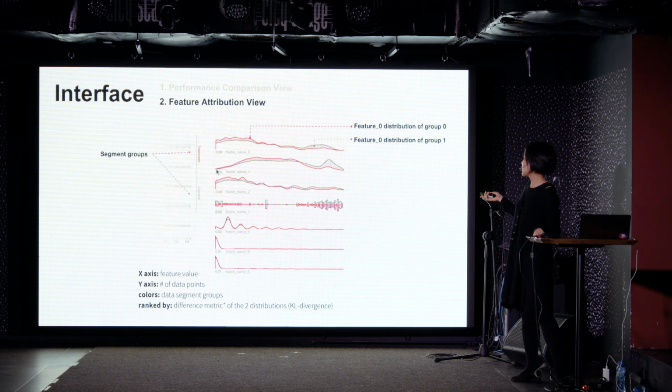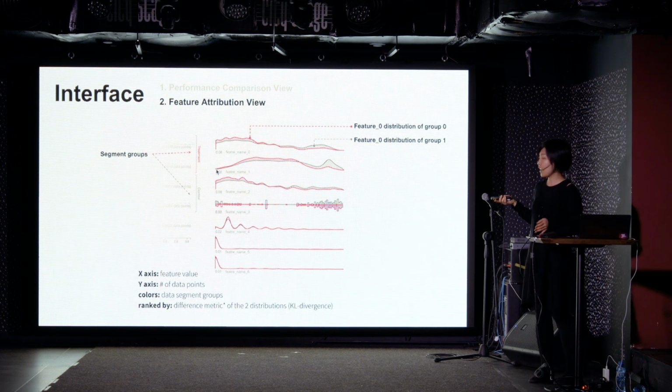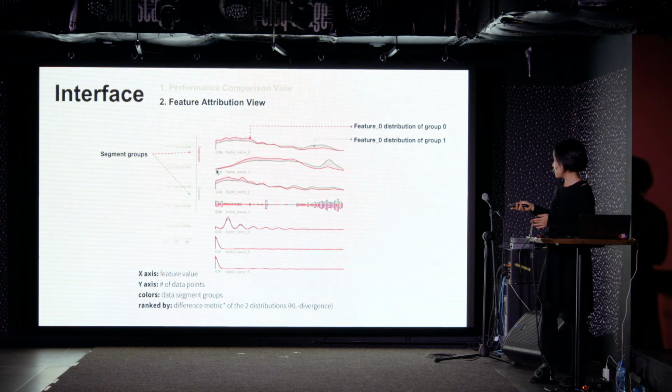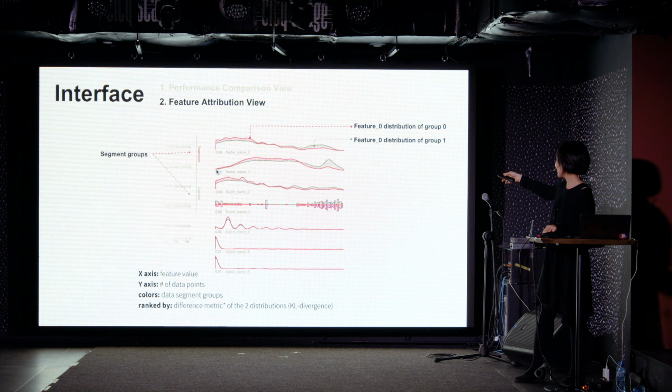Jumping into the feature attribution view. The feature attribution view shows two sets of feature distributions. One set is from group 0, the other set is from group 1. The pink is the feature distribution of group 0, and it's compared against the gray distribution of group 1.